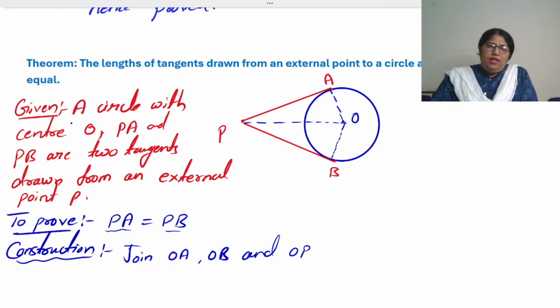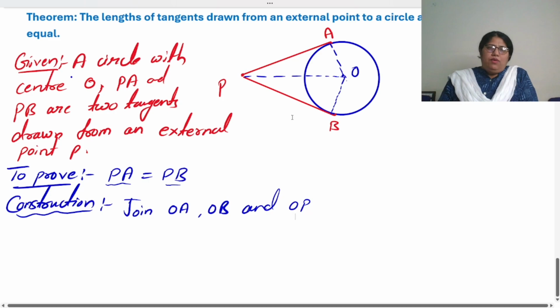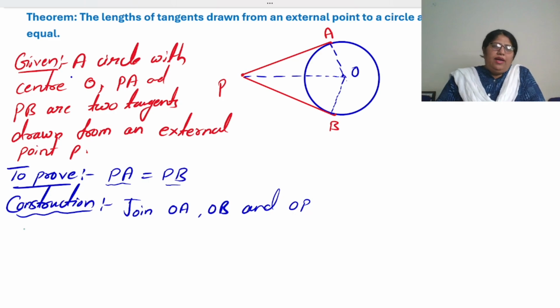Now can you see here, there are two triangles. If I can prove that these two triangles are congruent, then automatically PA will be equal to PB by using CPCT, because corresponding parts of congruent triangles are always equal.